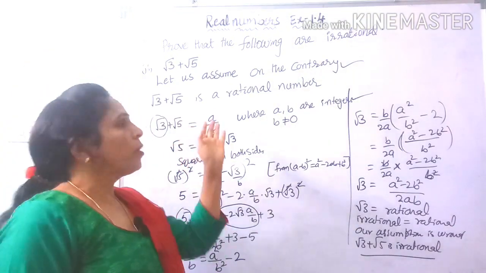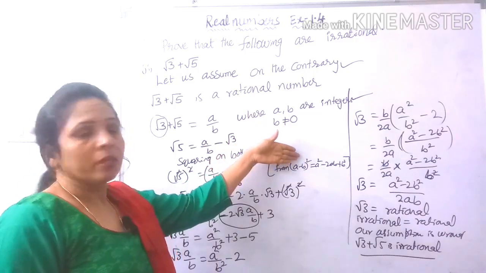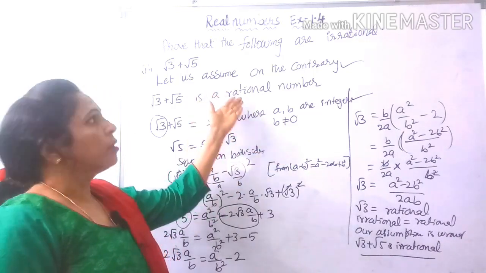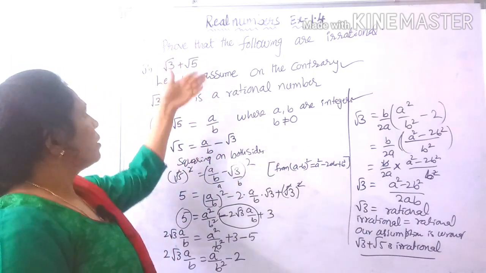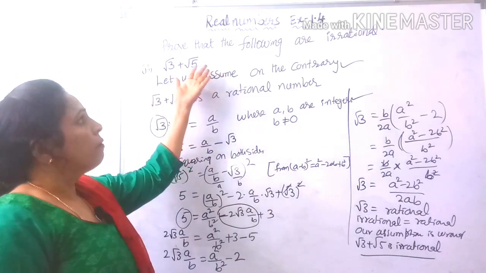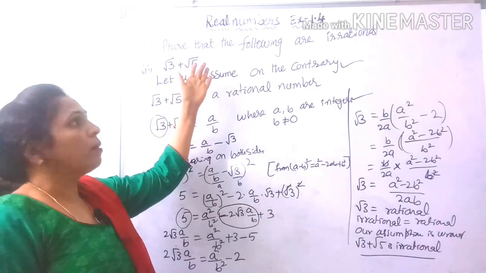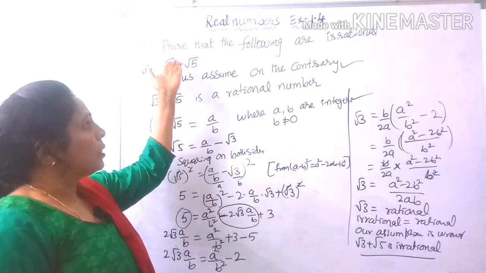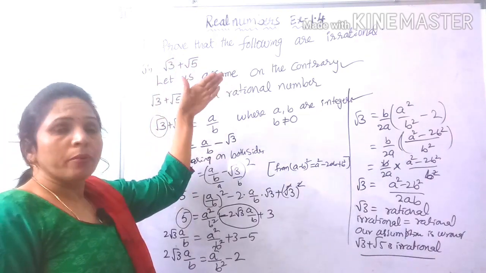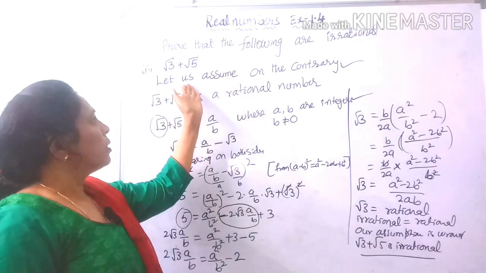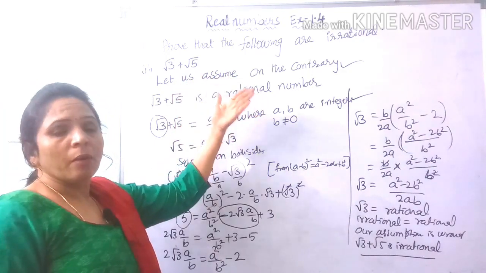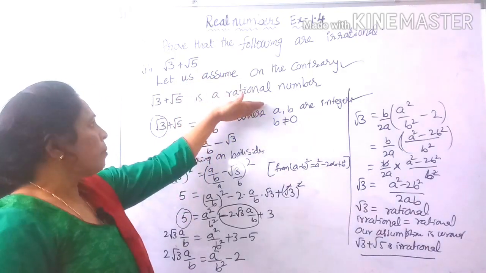For all sums you have to follow the same steps. Observe these steps. First, on the contrary, let us assume on the contrary. What is he asking? Prove that it is an irrational number. So for proving an irrational number, let us assume the opposite of it, a rational number.